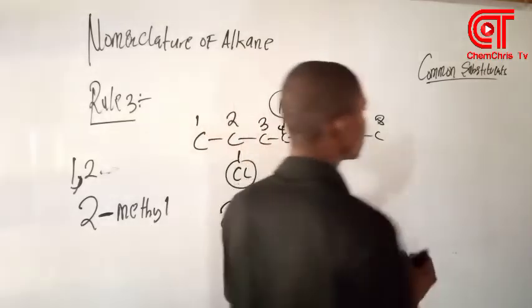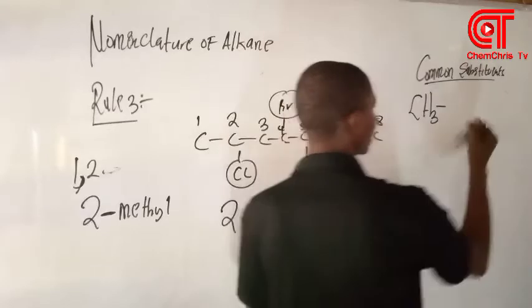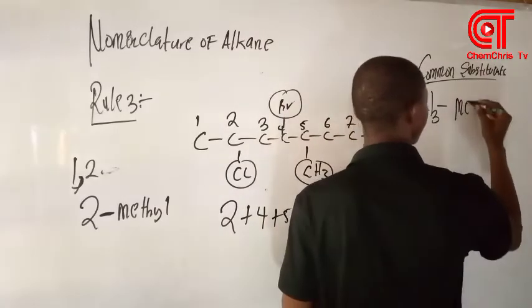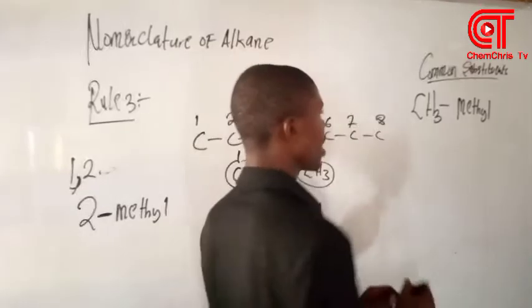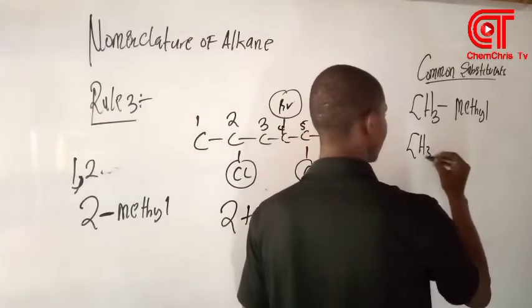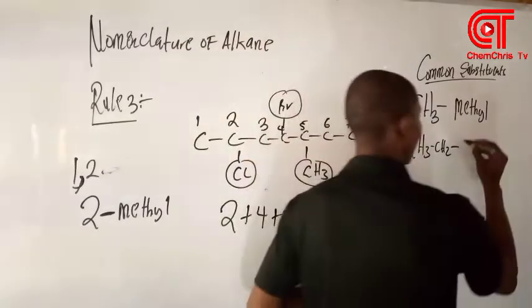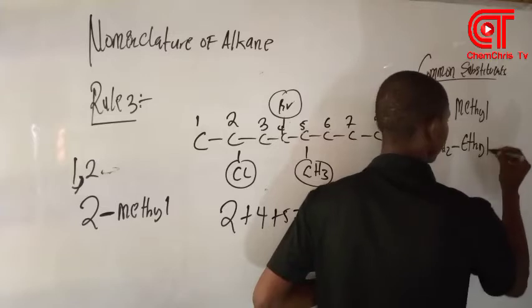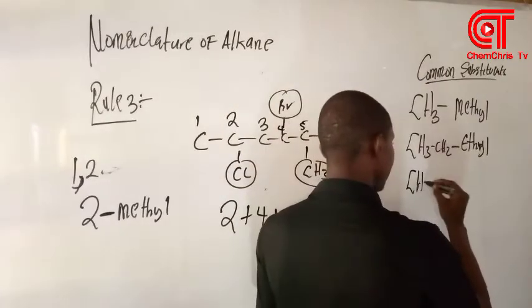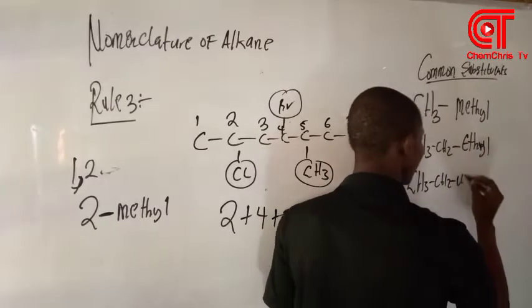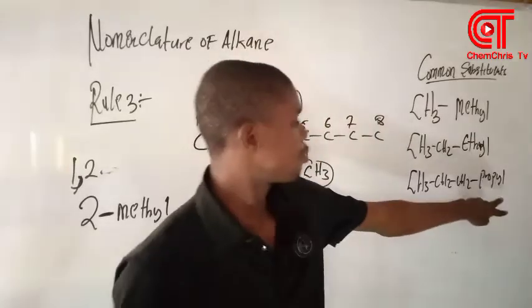The first one I want to look at is CH3. CH3 is called methyl. Then here we have CH3CH2, called ethyl. Then here we also have CH2CH2CH3, called propyl.